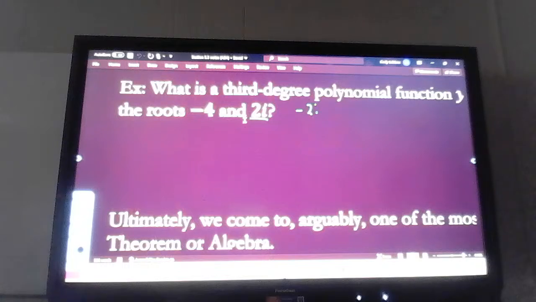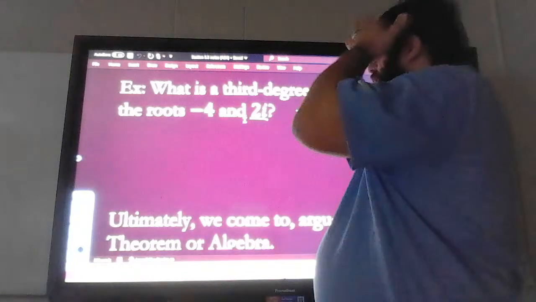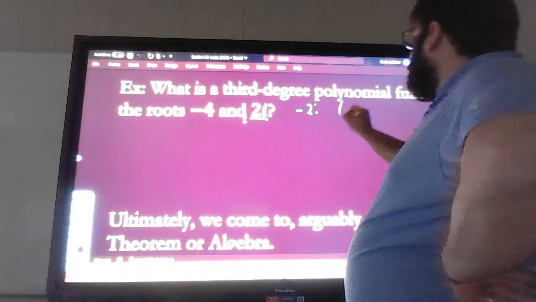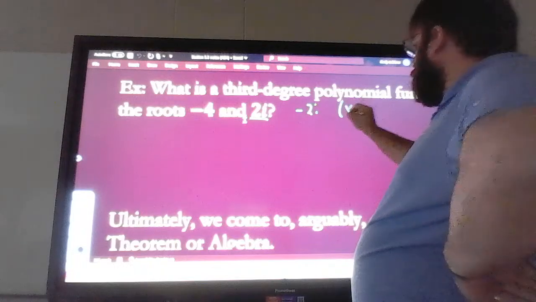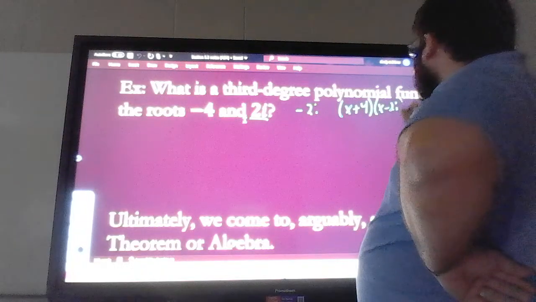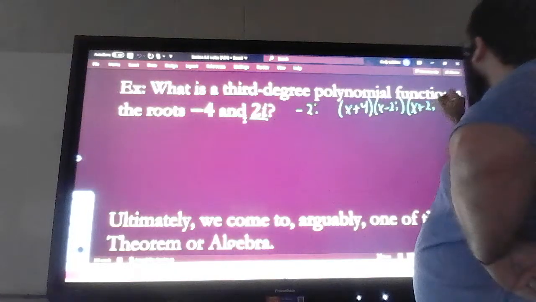Well, let's write these out as factors, and then let's go ahead and expand, FOIL everything out, and come up with our equation. Okay, so x minus -4 is a factor, so I'll just write it as x plus 4. X minus 2i is a factor from this, so that means that x plus 2i is also a factor.